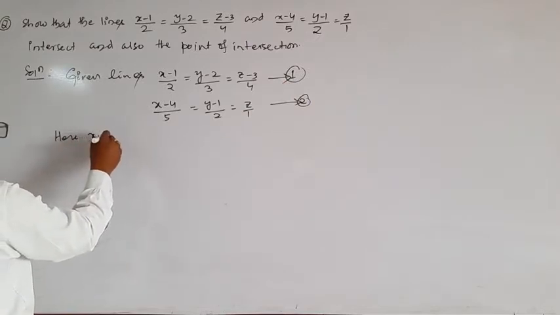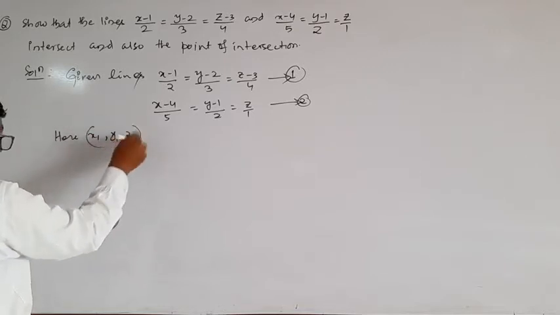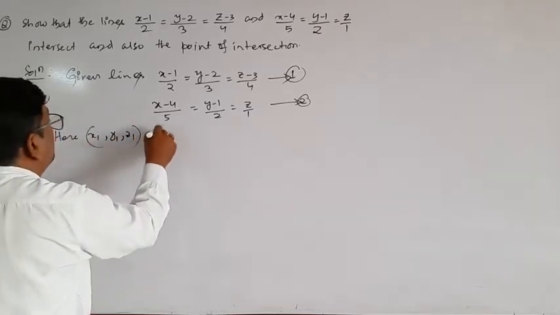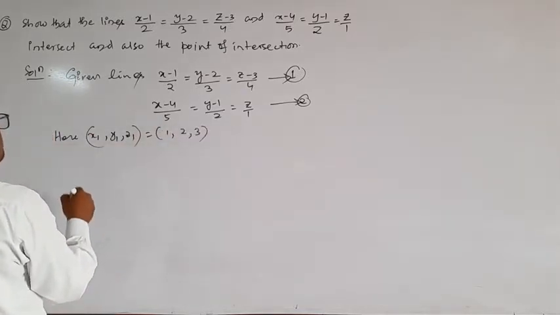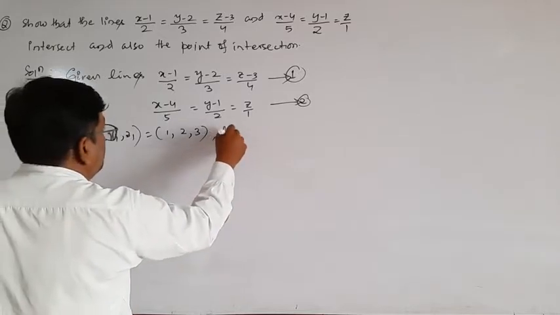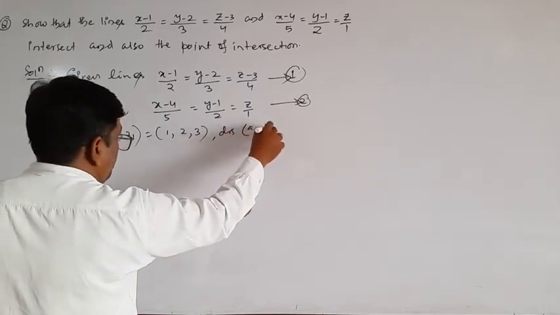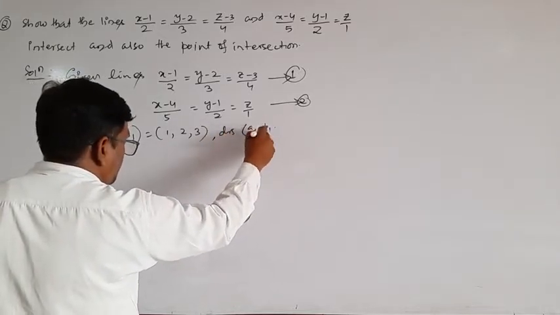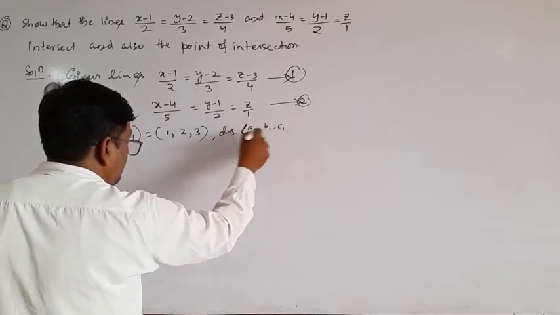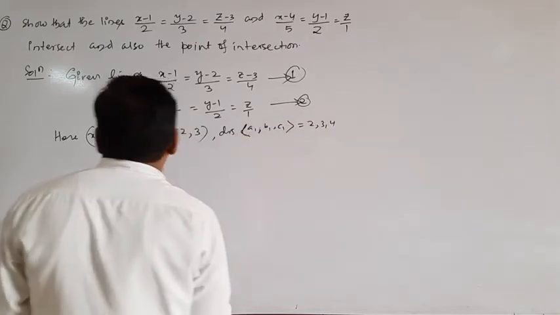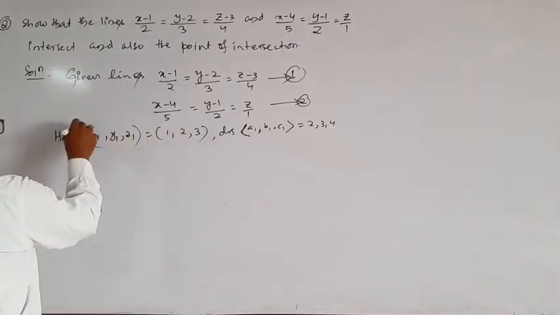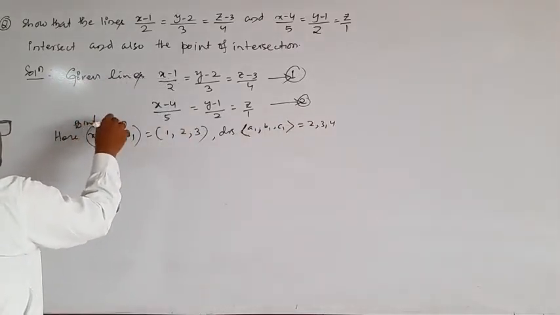Here the point of line 1, (x1, y1, z1), is equal to (1, 2, 3), and the DRs (a1, b1, c1) are equal to (2, 3, 4). This is the point of L1.